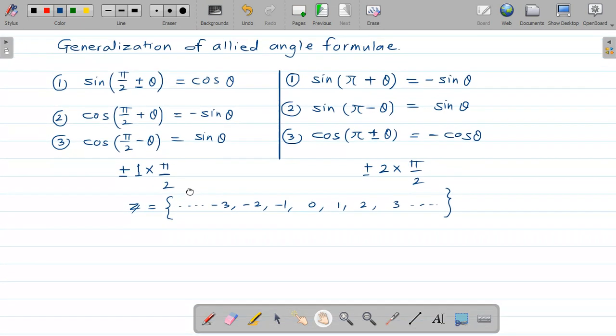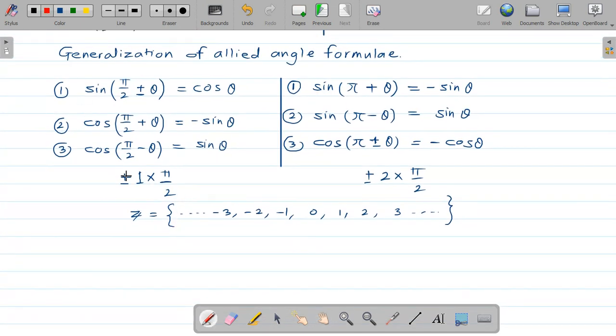Now if you observe these formulae carefully, where the multiple of pi by 2 is plus or minus 1, that is an odd multiple of pi by 2, odd into pi by 2. And if you consider the multiple of pi by 2 as plus or minus 2, then it is an even multiple of pi by 2, even times pi by 2.